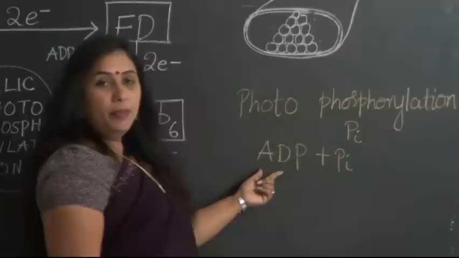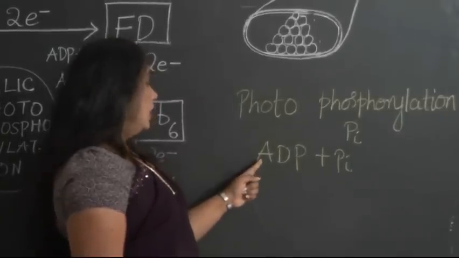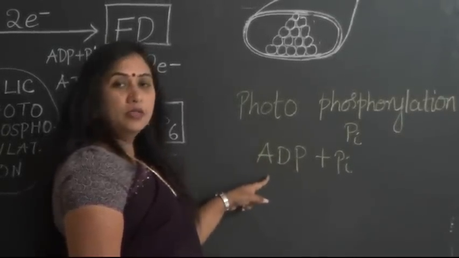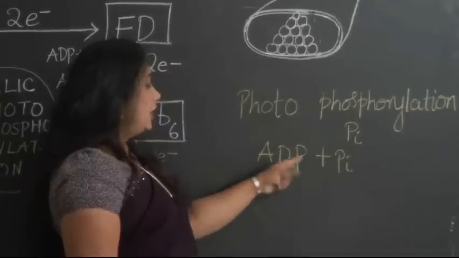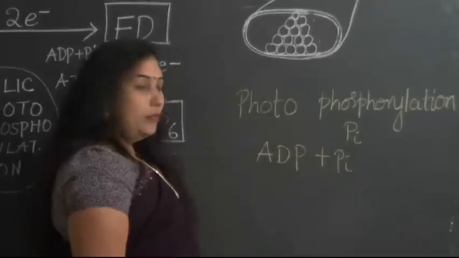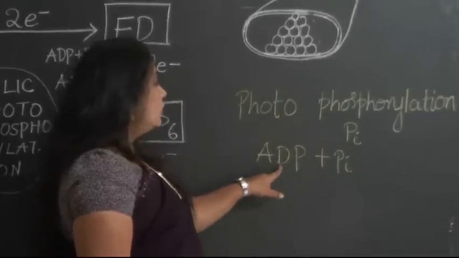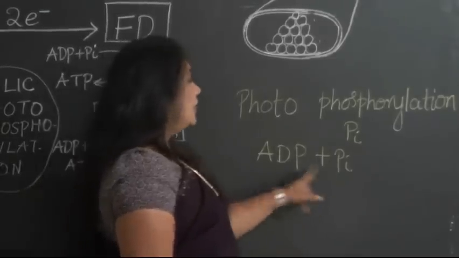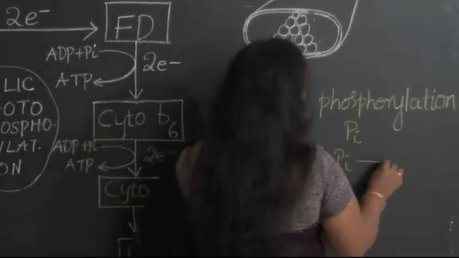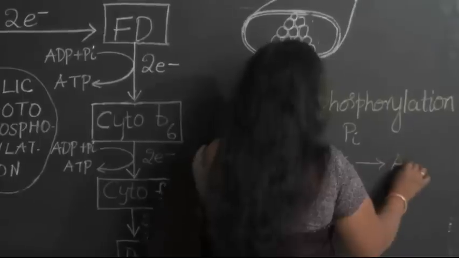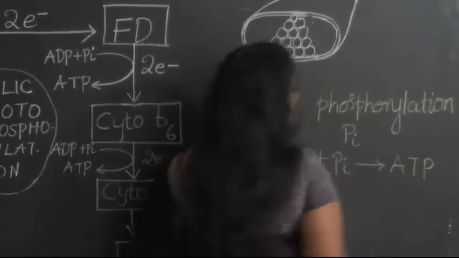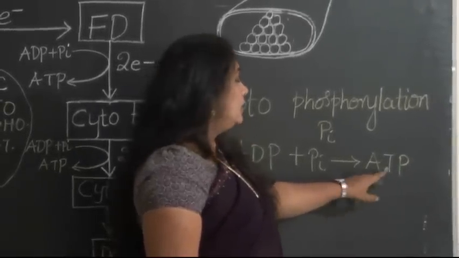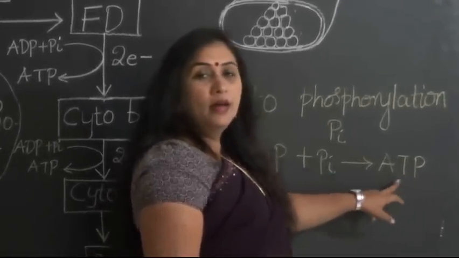What is this ADP? Adenosine diphosphate. Adenosine diphosphate is ADP. Means it is containing two phosphates already with it. When the third one adds to it, it becomes ATP, energy rich molecule, namely adenosine triphosphate.